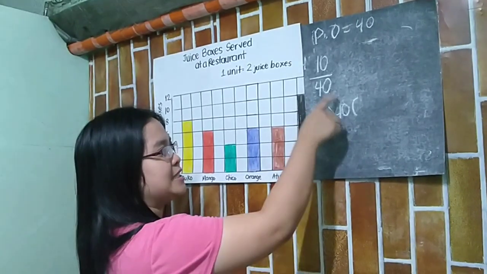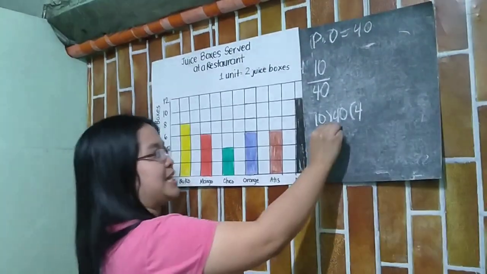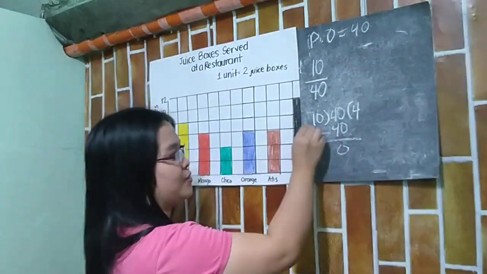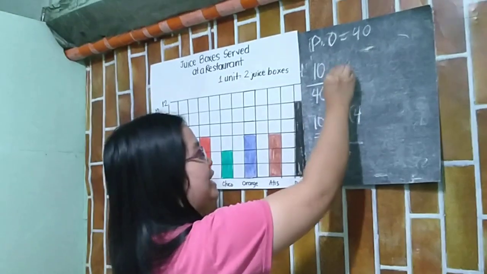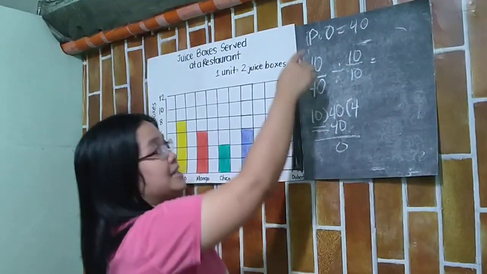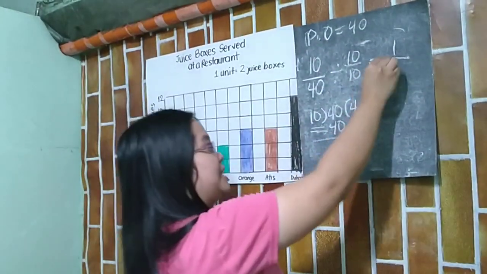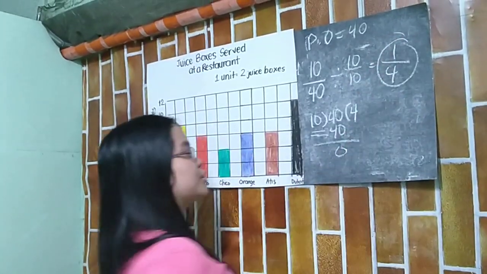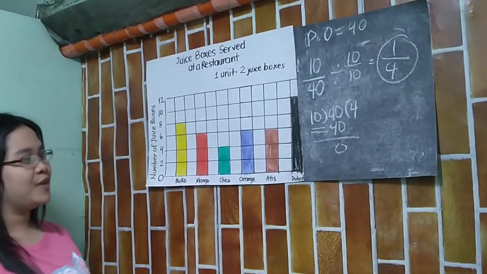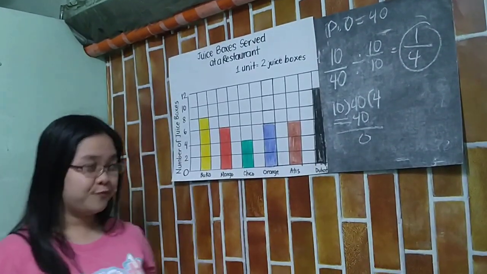How many 10s are there in 40? We have 4. 4 times 10 is 40. 40 minus 40 is 0. So its GCF is 10. Divide both sides by 10. That will be 10 divided by 10 is 1, and 40 divided by 10 is 4. So the probability of picking or serving a duhat juice at a restaurant is 1/4.